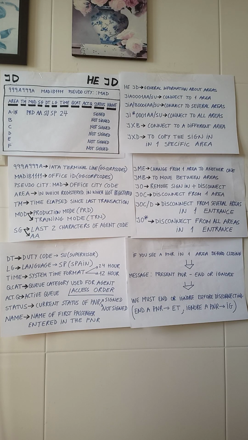In Amadeus, the letter Q is always linked to the concept of queues. Queues generally refer to information that comes to us daily with important notices in the form of daily mail. In the future, I will make a specific video about queues.